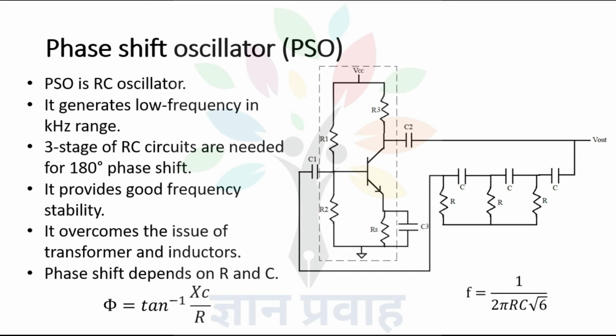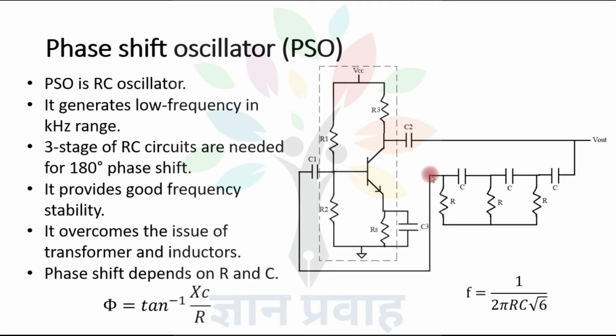So in PSO, normally we use 3 stages of RC circuits so that we can get 180-degree phase shift from the feedback circuit, like there: one RC, second RC and third RC stage. So overall here we get 180-degree phase shift from the feedback network, and PSO provides good frequency stability as compared to LC oscillators.